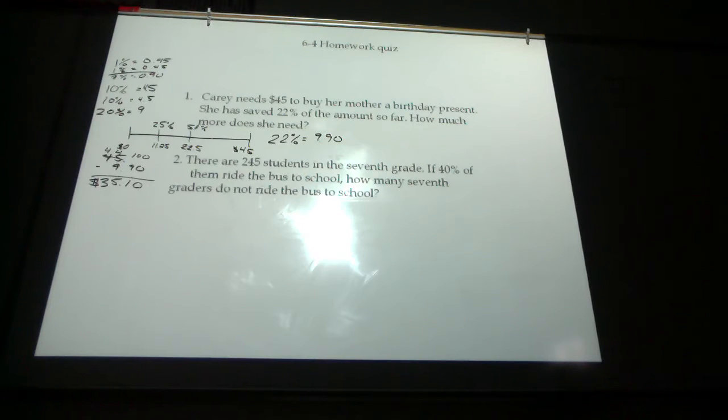Now, I bet many of you did it a little different way. In fact, I did it kind of the long way right there. If you have a calculator, it's much quicker.